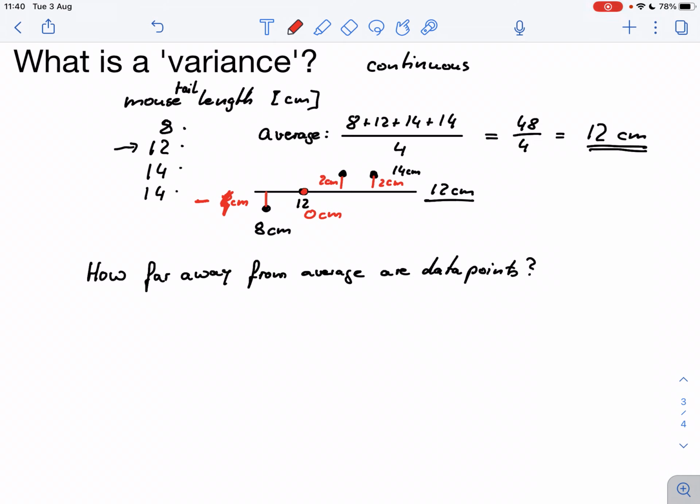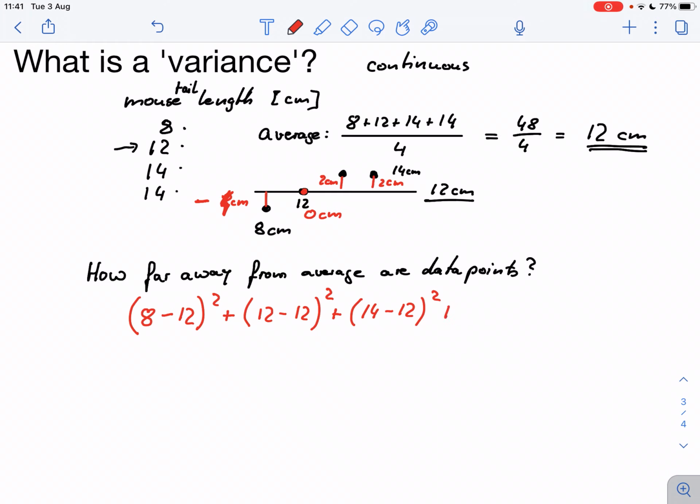In the first place, we would have 8 minus 12 centimeters, and we square that. For the second one, we have 12 centimeters minus 12 centimeters, and again we square that. The next one, we have 14 centimeters minus 12, and we square that.